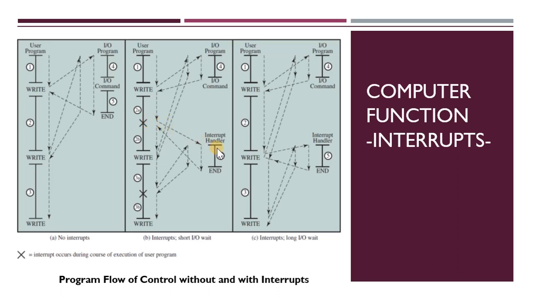This is basically provided by the operating system. The interrupt handler will handle the interrupt and pass back to the user program until the next interrupt occurs, and it will go to the interrupt handler again. Diagram C is the same as diagram B, but it has the long input-output wait.